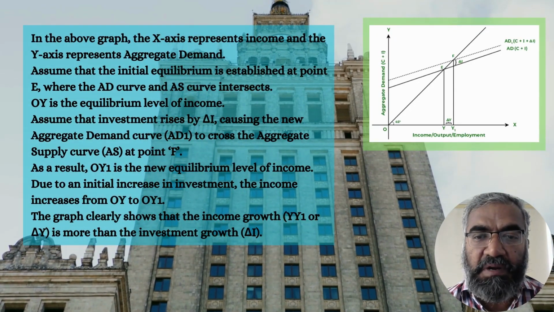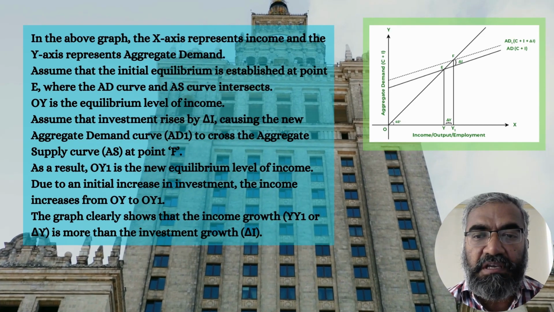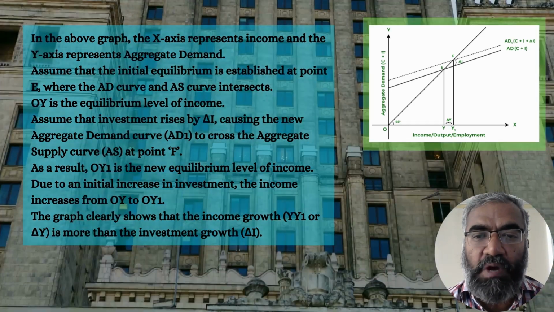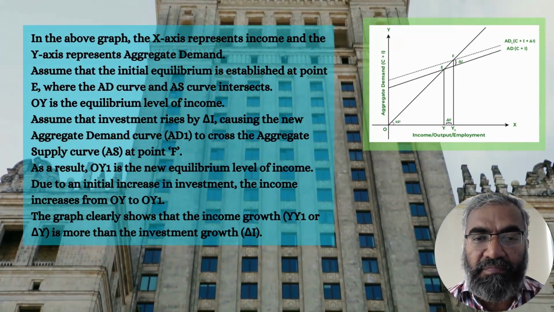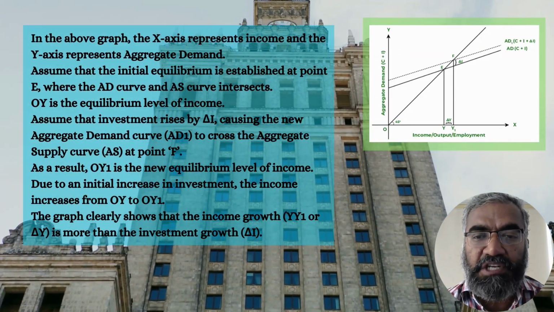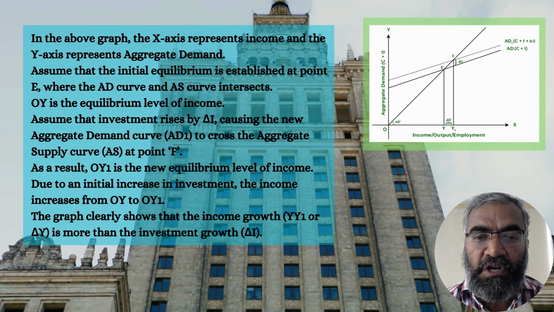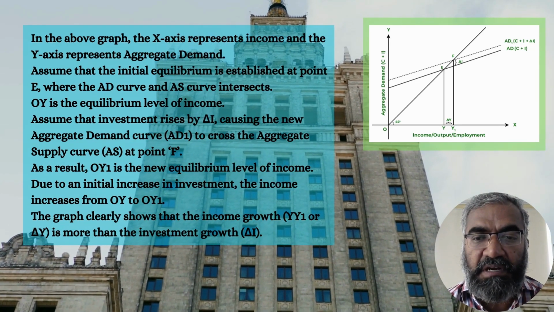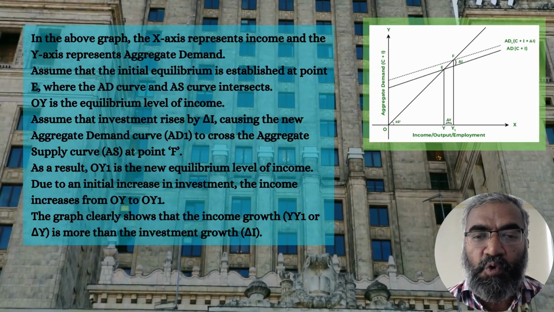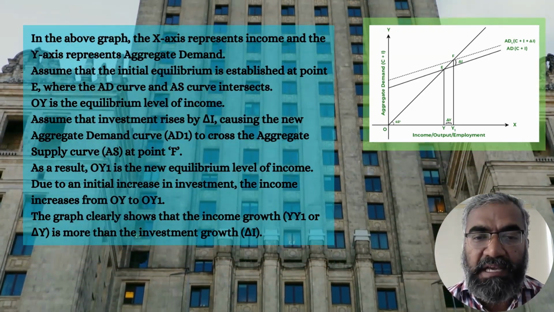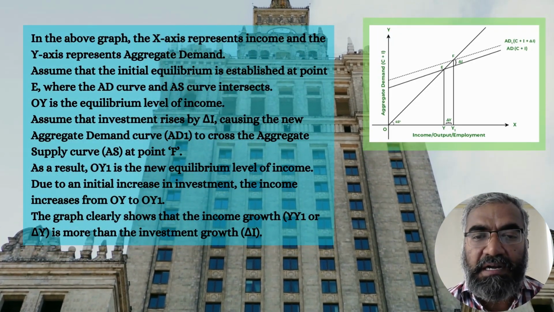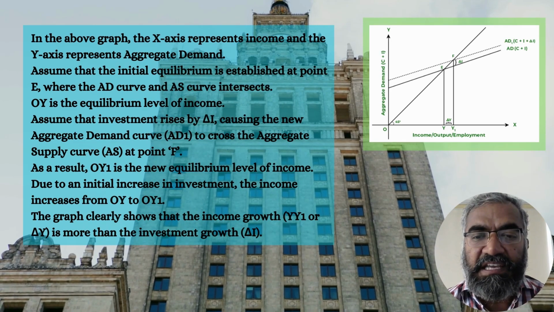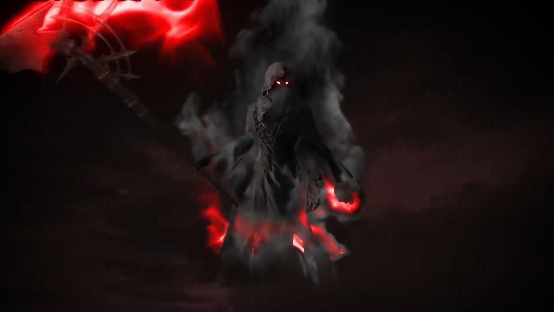Assume that investment rises by delta I, causing the new aggregate demand curve AD1 to cross the aggregate supply curve AS at a point F. As a result, OY1 is the new equilibrium level of income. Due to an initial increase in investment, the income increases from OY to OY1. The graph clearly shows that the income growth YY1 or delta Y is more than the investment growth delta I.